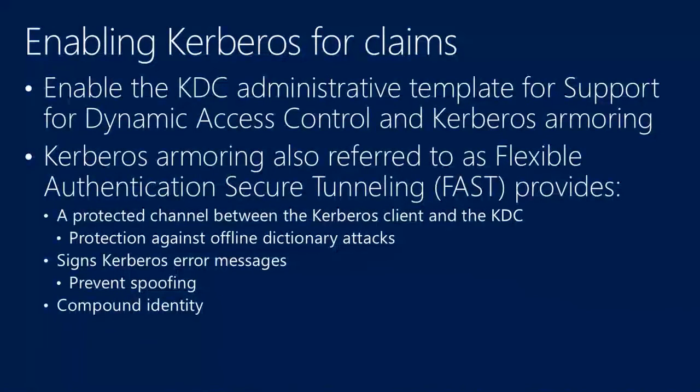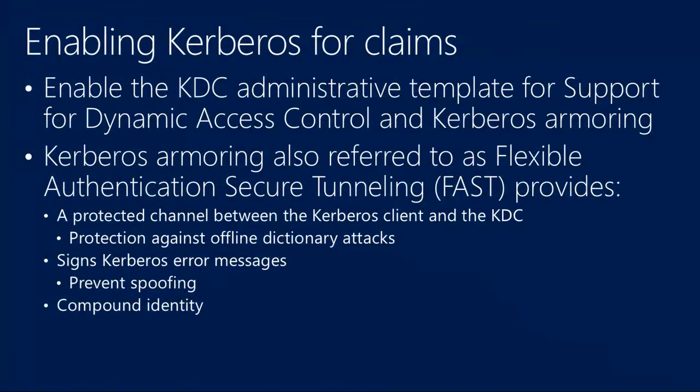The other thing is, to enable claims, what you enable is FAST, or Kerberos, it's called Flexible Authentication Secure Tunneling, and that includes the claims piece. But it also prevents the Kerberos spoofing that can take place.